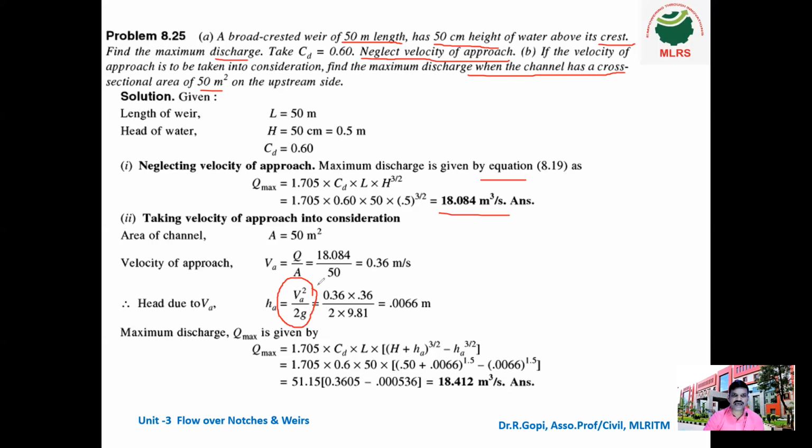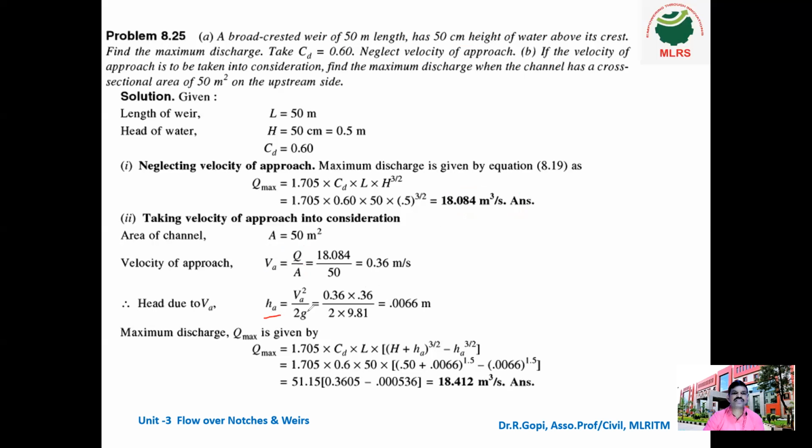How to calculate VA? VA is nothing but Q, that means discharge, divided by the area of the channel. The discharge we already found, 18.084, divided by the area of the channel, which is 50 meter square. So 18.084 divided by 50 gives 0.36 meter per second.